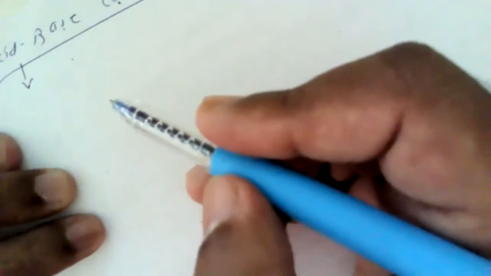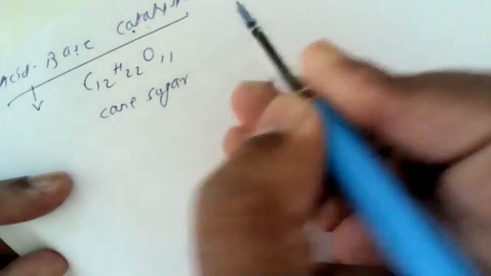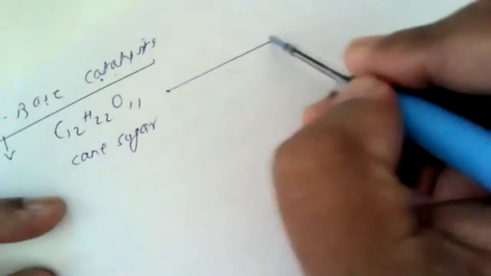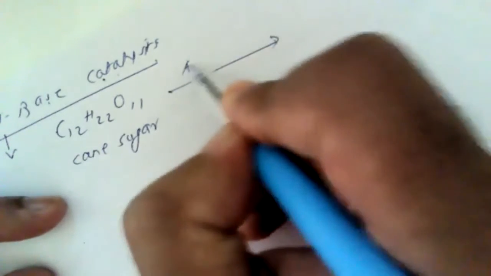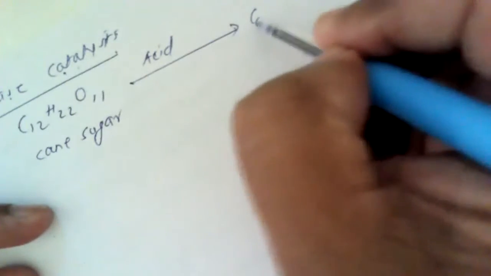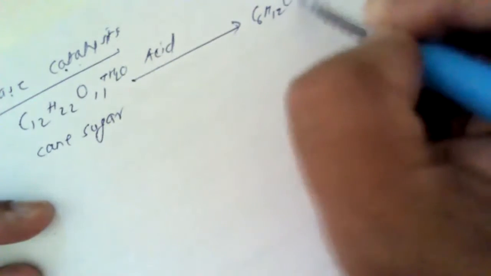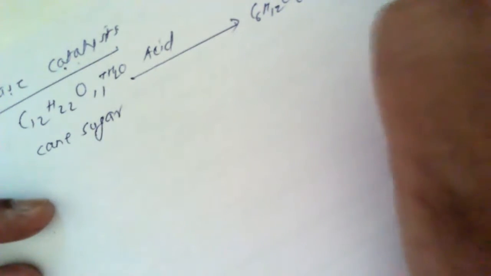For example, if you look at one reaction that perhaps you might have studied, that is C12H22O11. This is known as cane sugar. This inversion of cane sugar is possible only in presence of acid. So it can form, in presence of water, C6H12O6 plus C6H12O6.